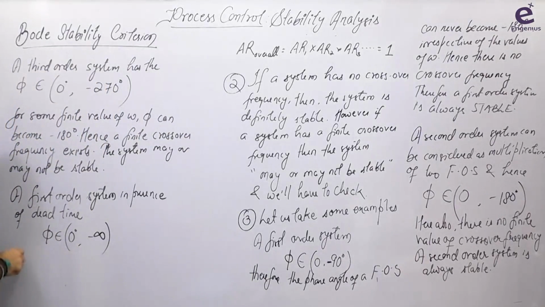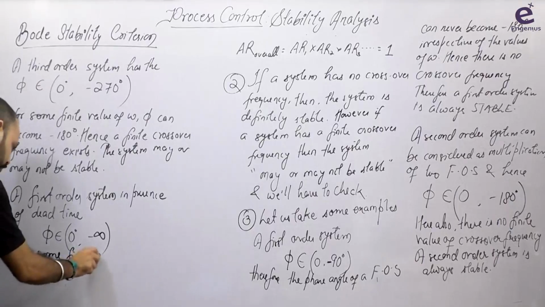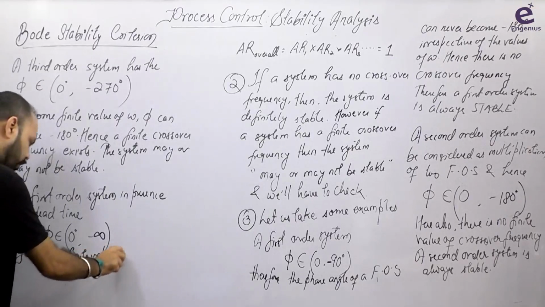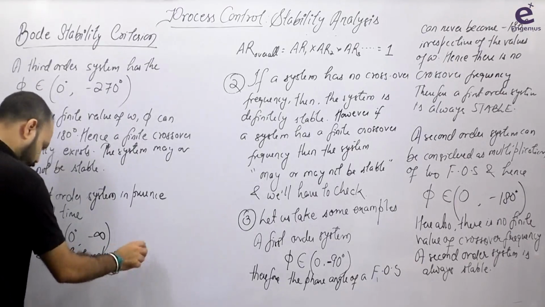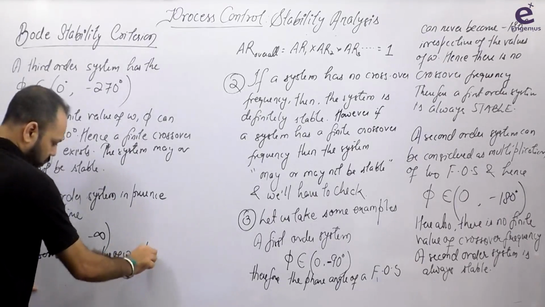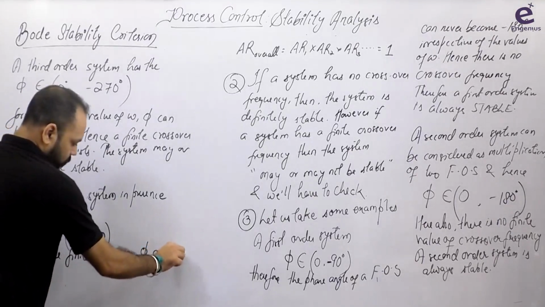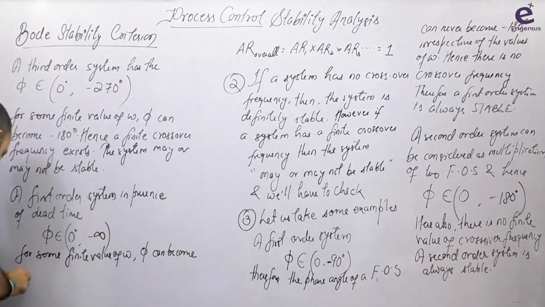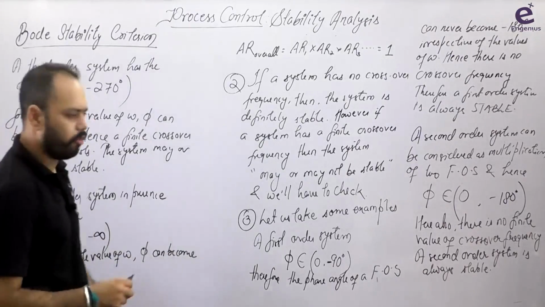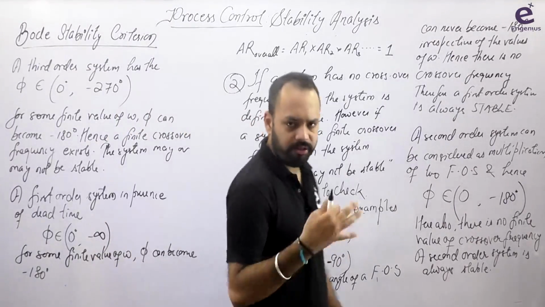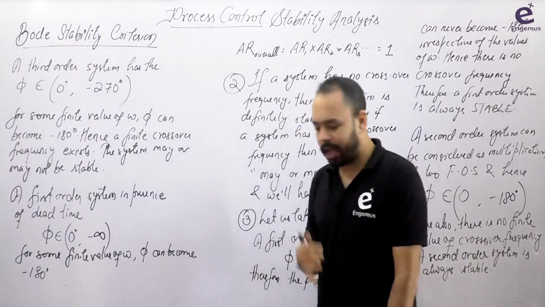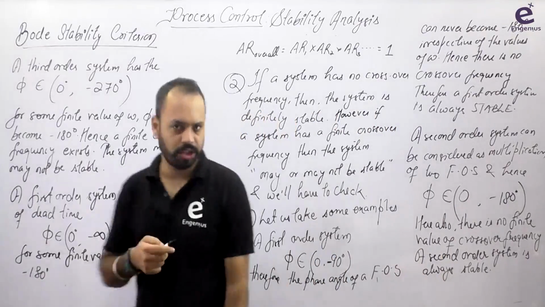So in the presence of dead time, for some finite value of omega, phi can become minus 180 degrees. So definitely it has a crossover frequency, I should say.